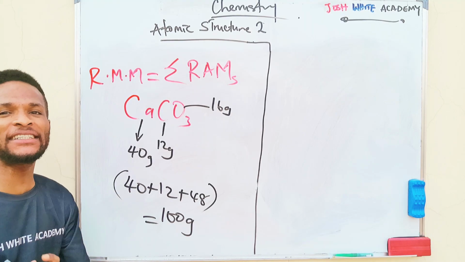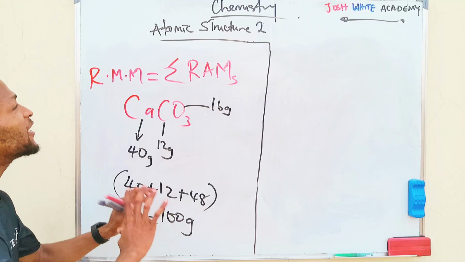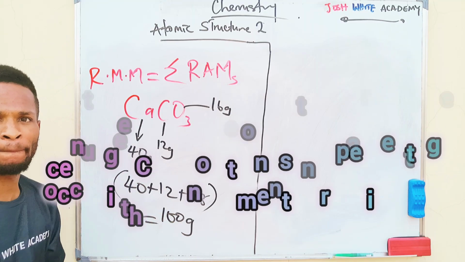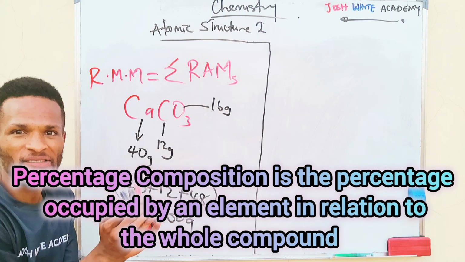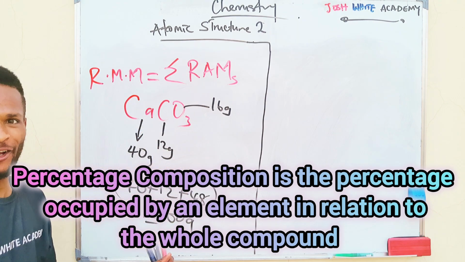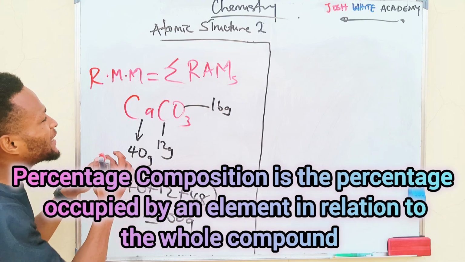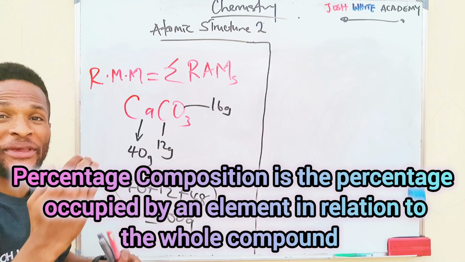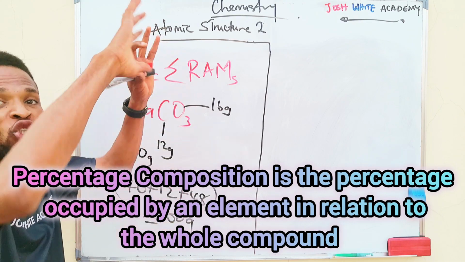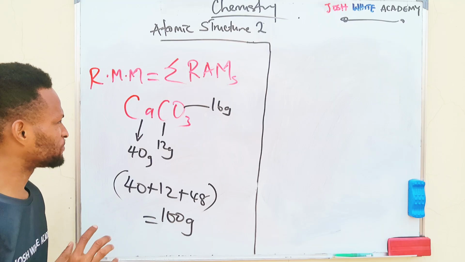Now, the other part is percentage composition. Percentage composition simply means the percentage of an element in that compound, or the percentage that a particular element occupies in mass compared to that of the total relative molecular mass.